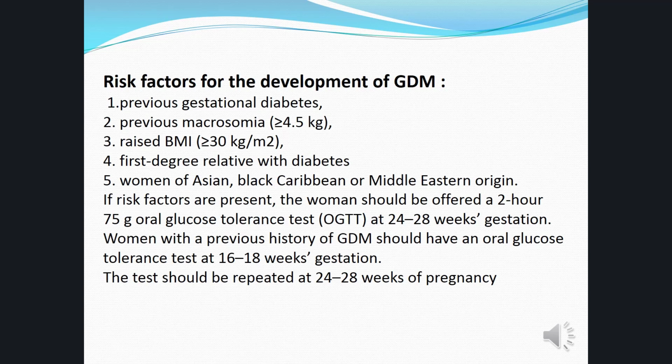If these factors are present, the woman should be offered a 2-hour 75-gram oral glucose tolerance test at 24 to 28 weeks gestation. Women with a previous history of gestational diabetes mellitus should have an oral glucose tolerance test at 16 to 18 weeks gestation, and the test should be repeated at 24 to 28 weeks of gestation.